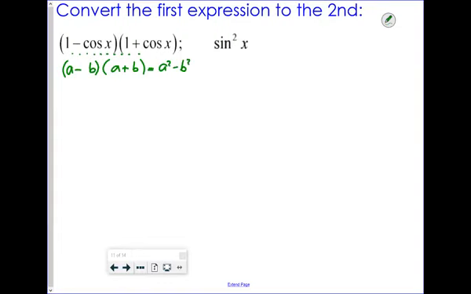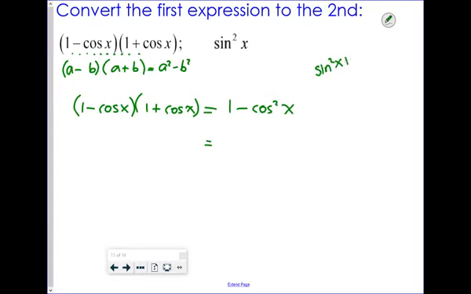So the initial 1 minus cos x times 1 plus cos x could be rewritten as 1 squared, which is 1, minus cos squared x. And lo and behold, what would that equal? Now I'm thinking in my head, I know this identity.